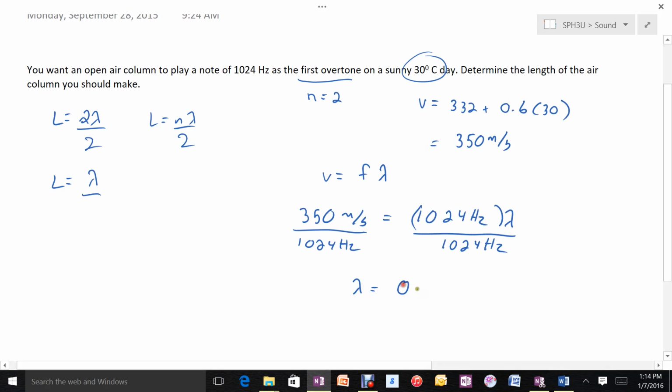So I get a wavelength of 0.342 meters. Because I had an open air column, I have this simple relationship with n equals 2, where I got 2 lambda over 2, so my L is just equal to my wavelength.